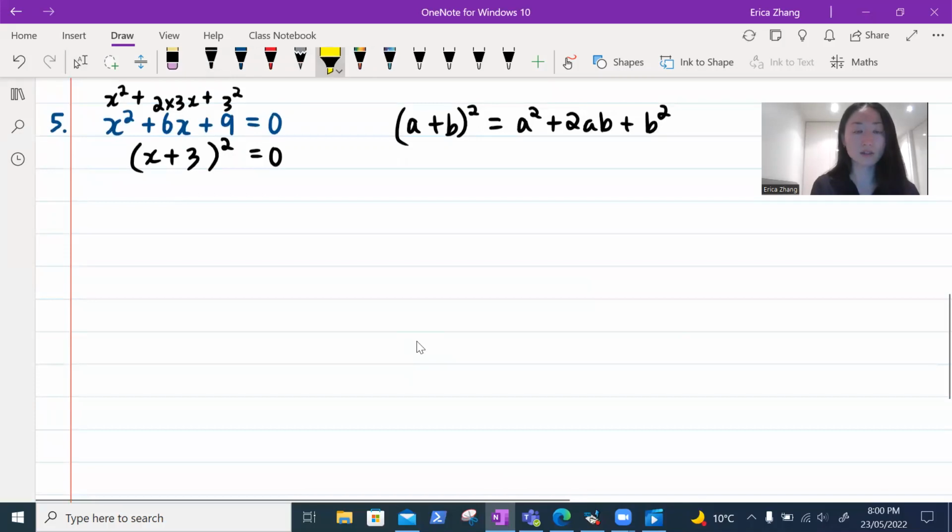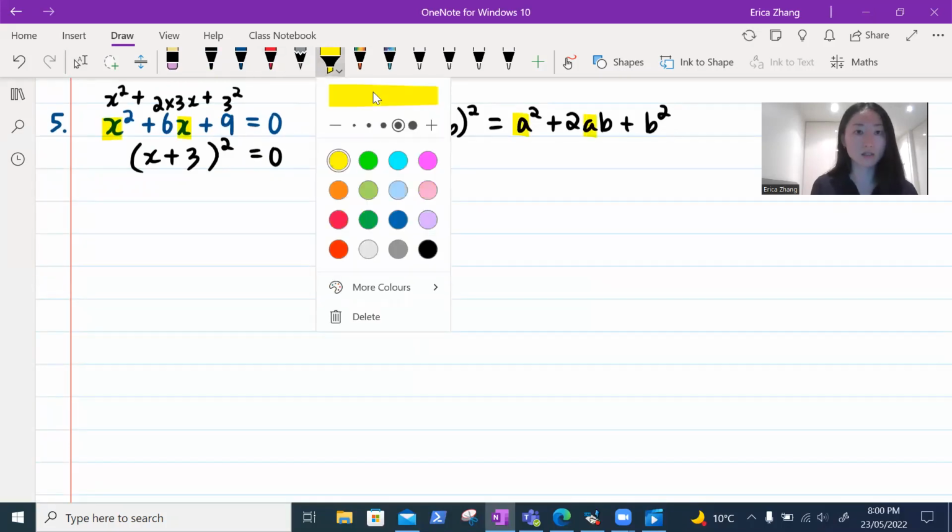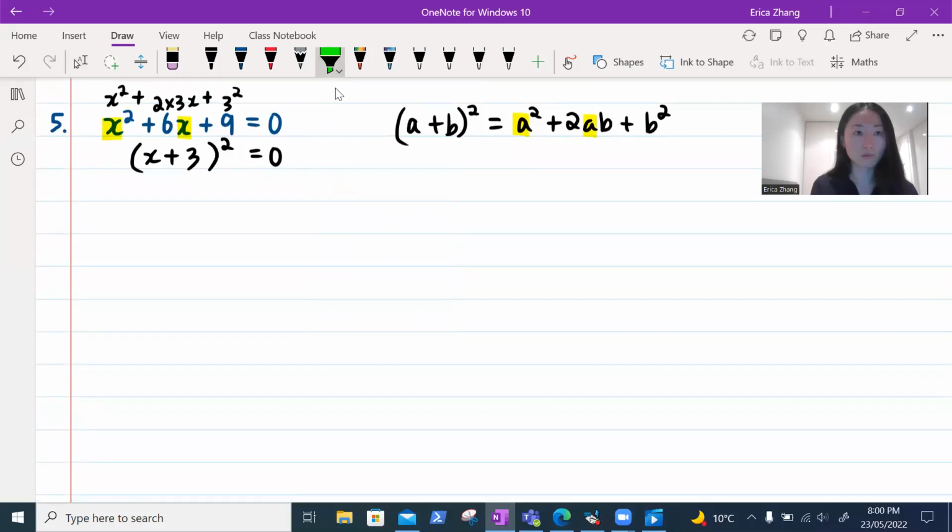Notice that x here plays the role of a, and 3 here plays the role of b. Now this tells us that we actually only have one solution, so x is equal to minus 3.